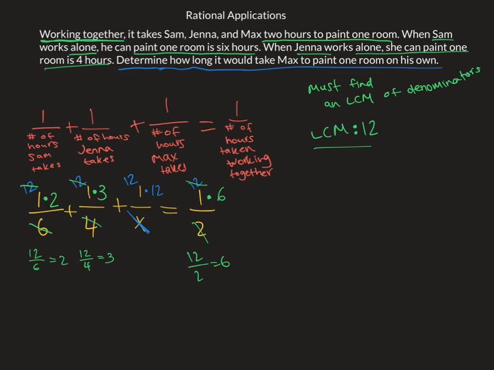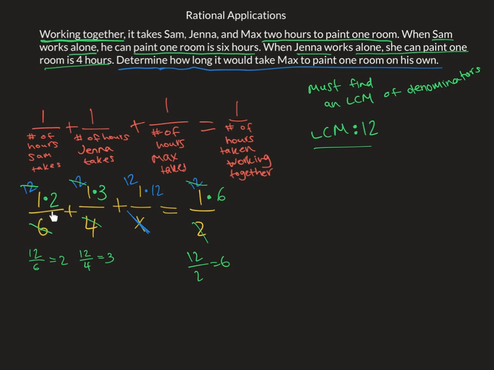Now here's one really tricky part that you can mess up, and you have to remember this. This may look like 1 times 2, that'll be 2. 1 times 3 is 3. 1 times 12 is 12. 1 times 6 is 6. But here, you can't write it like that. What you have to do is take this 2 here.